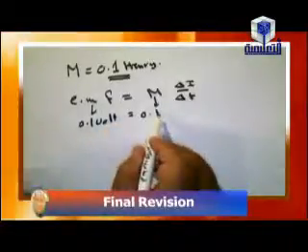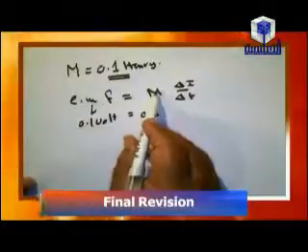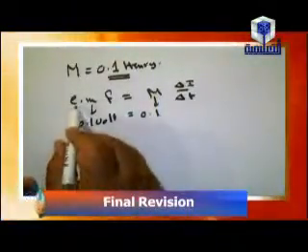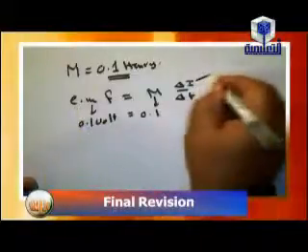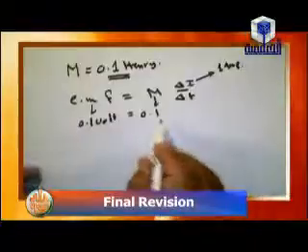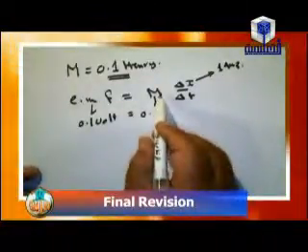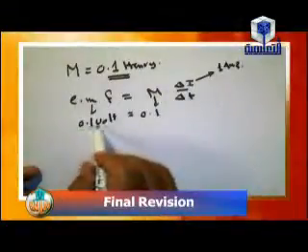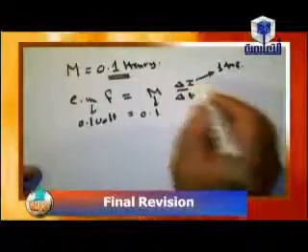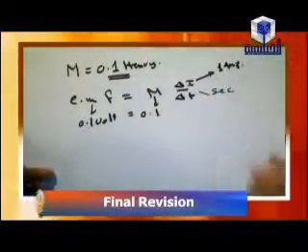So we can make the definition. 0.1 Henry is the coefficient of mutual induction, which induces 0.1 volt in the secondary coil when the rate of change of current is 1 ampere per second in the primary coil.